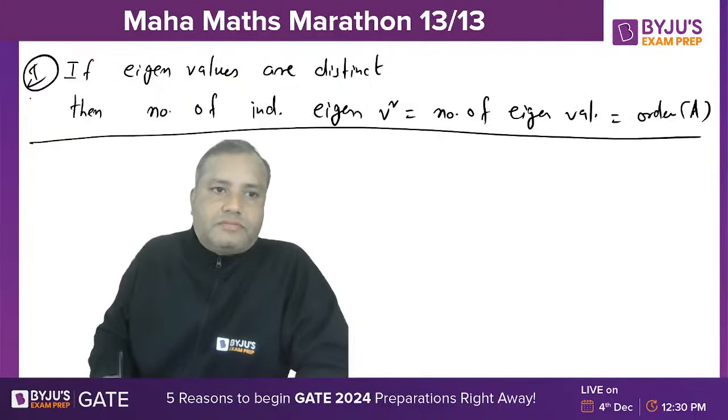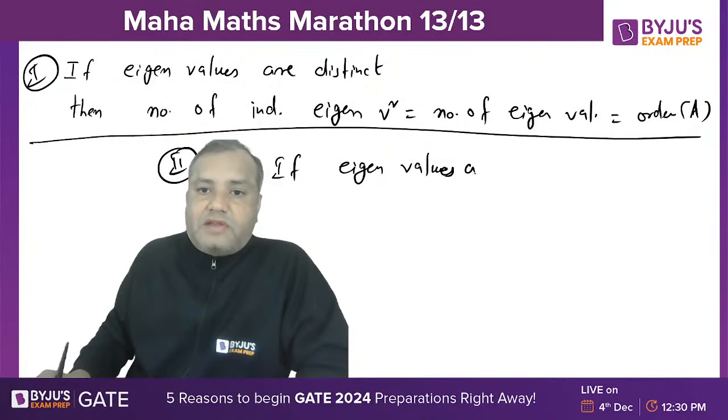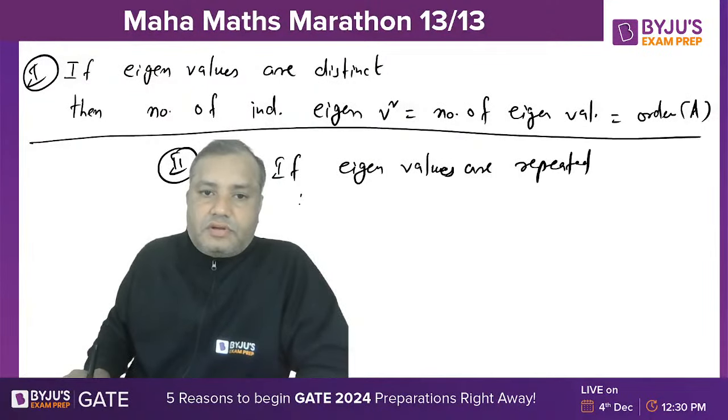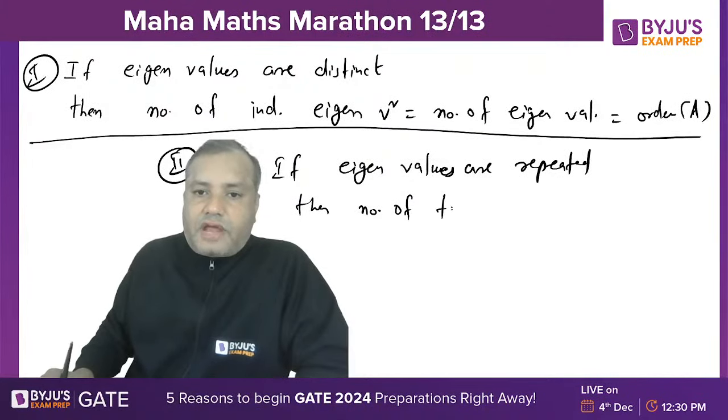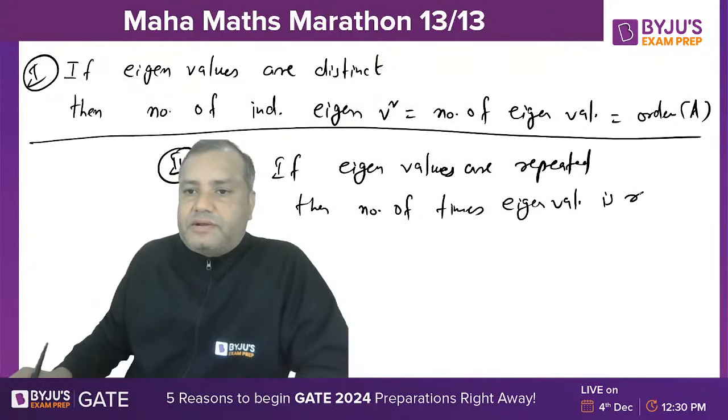Comfortable? Second point, if eigenvalues are repeated, then number of times eigenvalue is repeated is algebraic multiplicity.